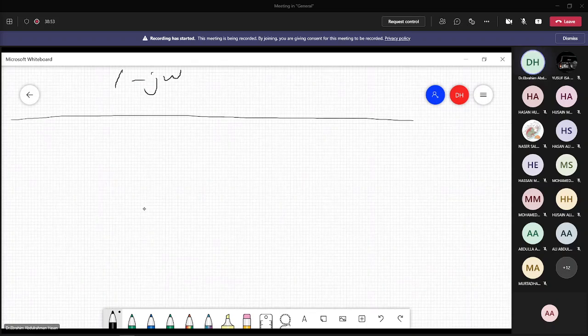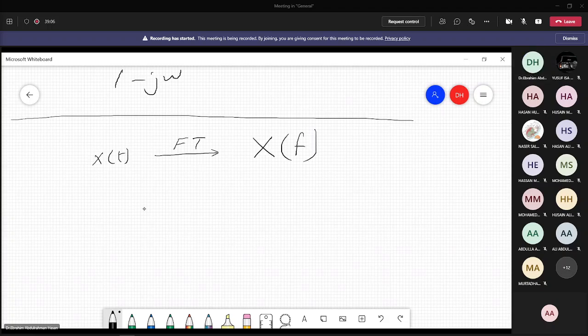Okay. The Fourier transform for x of t is X of f, or X of omega.